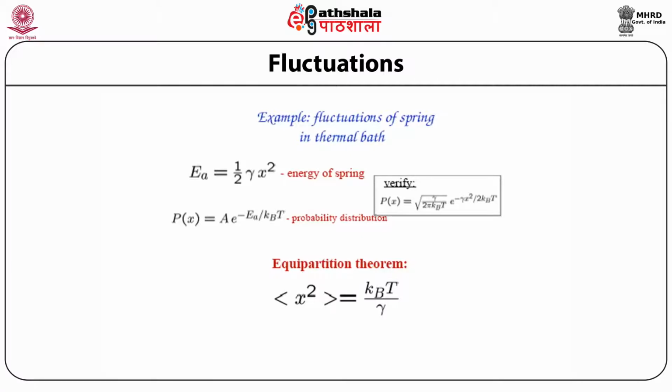By the equipartition theorem, we must understand these equations before we go to the next module: this fluctuation can be estimated by Boltzmann constant k_B times T, where T is the temperature, divided by gamma. Gamma is a constant value and can be evaluated from the previous equation, which is shown as E equals half gamma x squared.